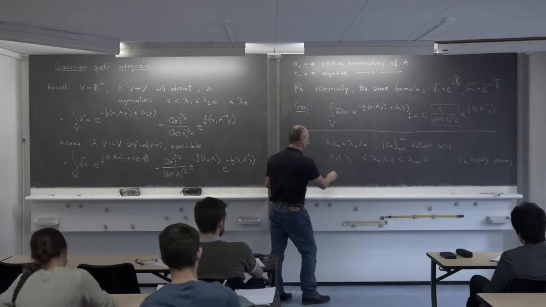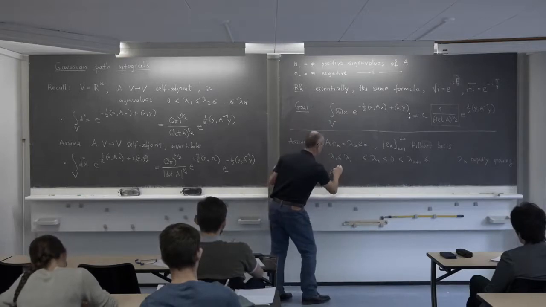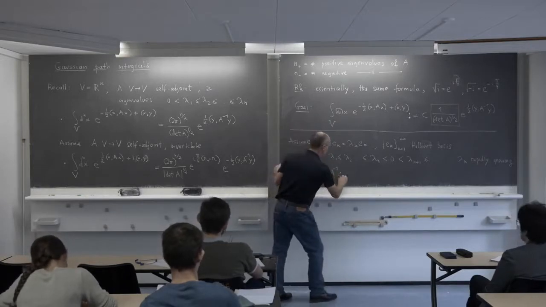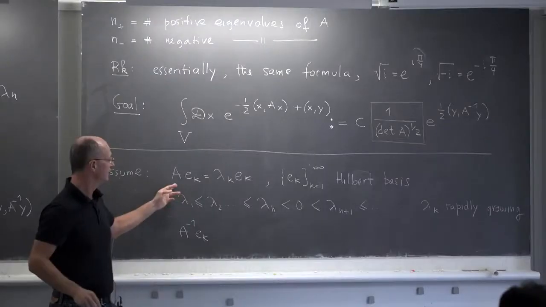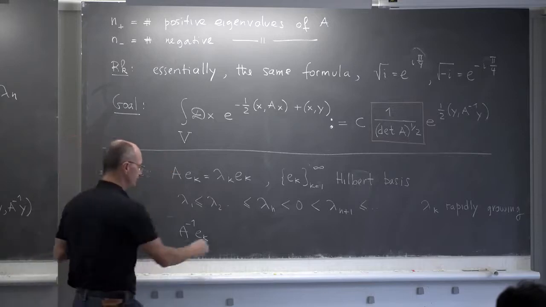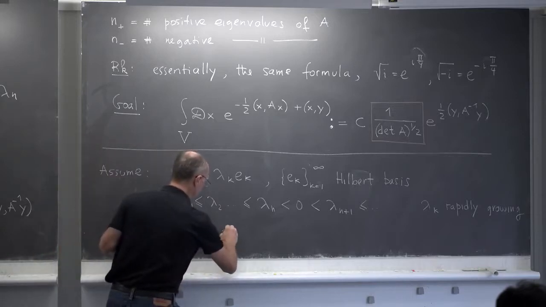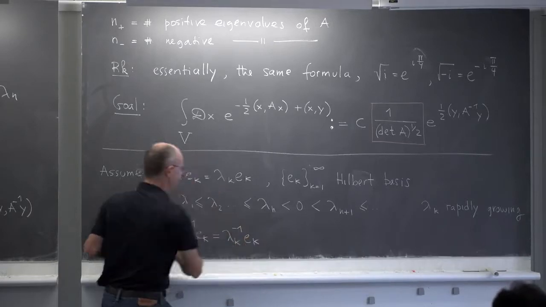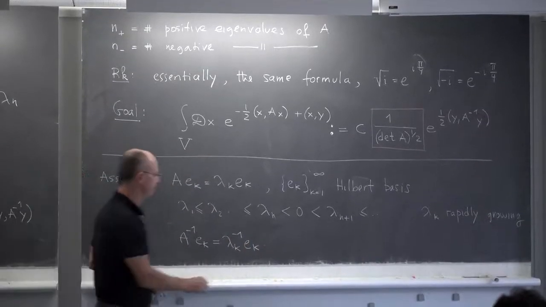So of course, such an operator is invertible, right? So there is this Hilbert basis. There is no eigenvalue equal to 0. So A inverse is simply defined on a basis by this formula.